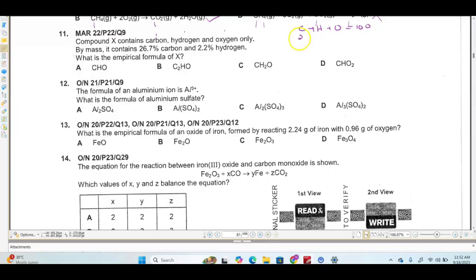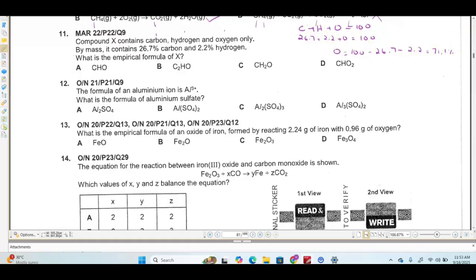So for carbon it's 26.7, for hydrogen it's 2.2, for oxygen we have to find. Okay? So 100 minus 26.7 minus 2.2 is going to give us the percentage for oxygen, which is 71.1%. Okay. So once we've had the percentages, it is very easy to find the empirical formula.